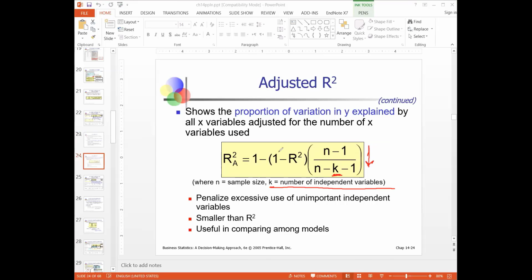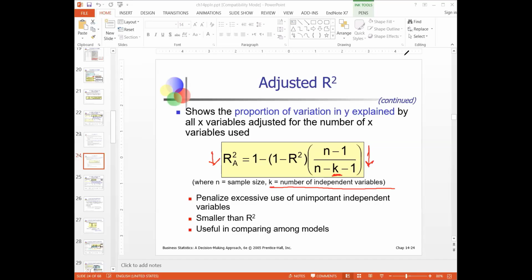Since it is multiplied by this, the whole term becomes large. So eventually, when you subtract a large number from 1, overall adjusted R will fall.